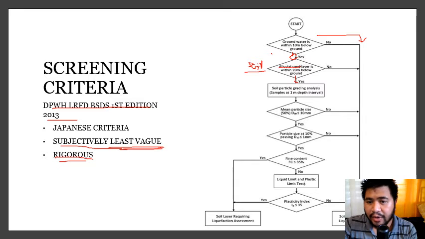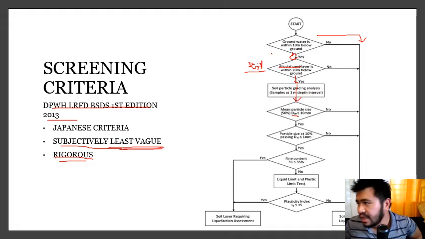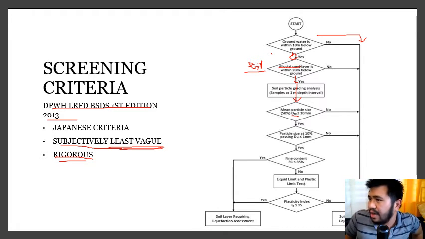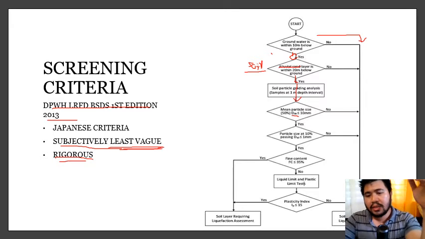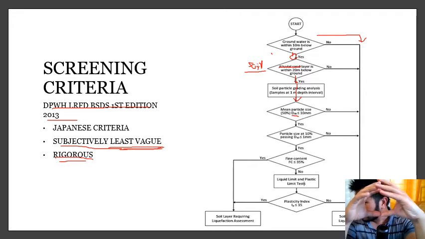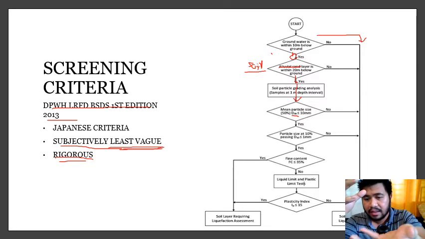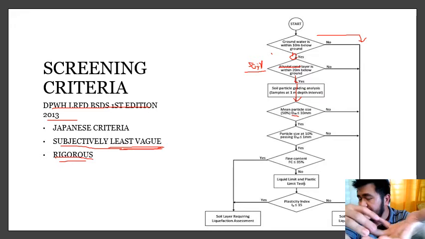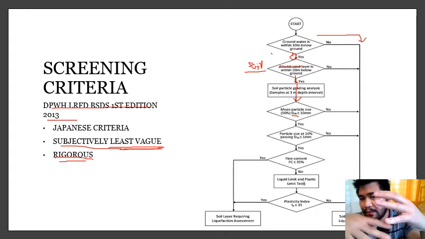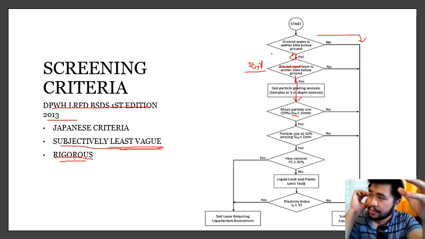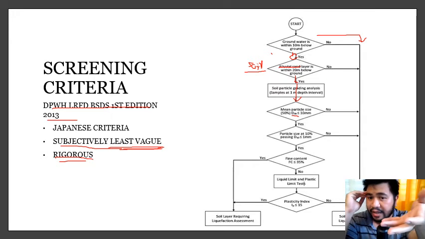So you do some soil particle size analysis. Next question is the D50. D50 is an engineering parameter. Imagine you have a soil sample and a sieve. If you pour your soil sample over the sieve and 50% of the soil sample passes through, whatever the size of that sieve is, that is your D50.